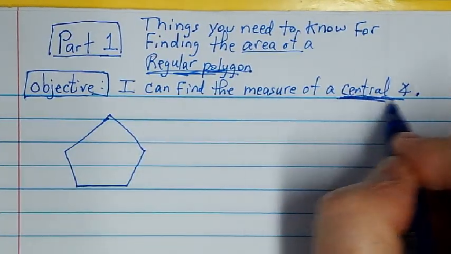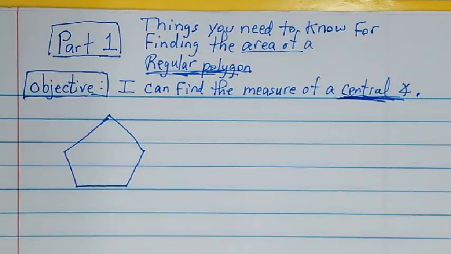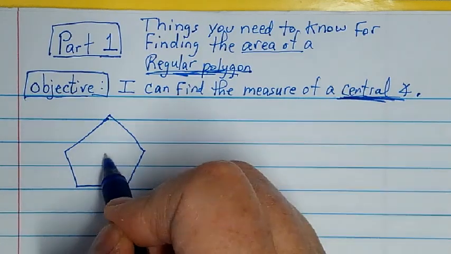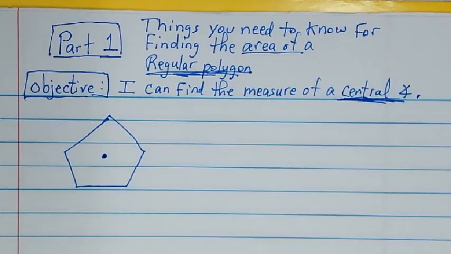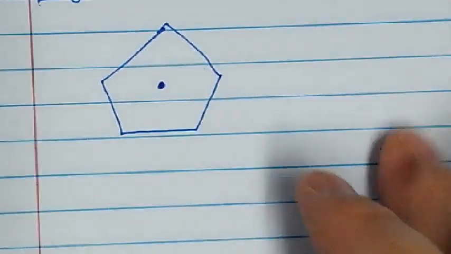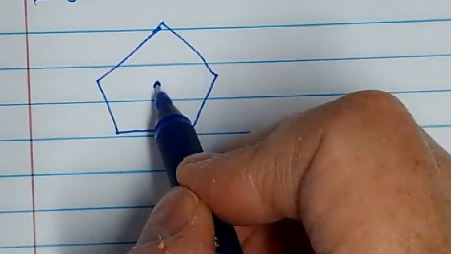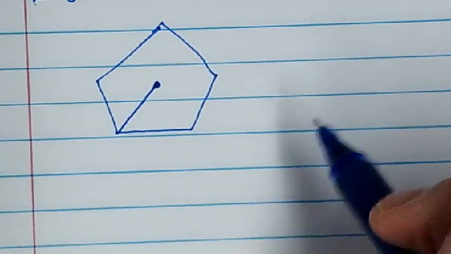So the purpose of this little short video is to teach you what a central angle is and how to find it. Well, first of all, if you put a point in the dead center of your polygon, that's called the center of the polygon. A line segment, and let me zoom in on this so you know, a line segment that connects the center to a vertex, that's called a radius.